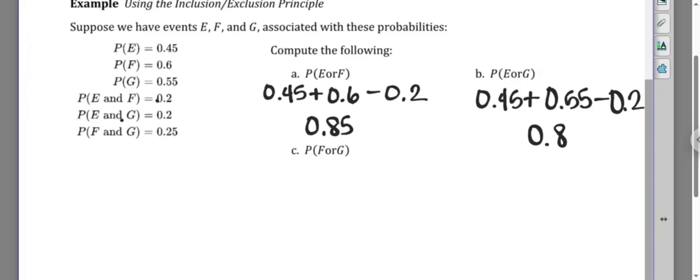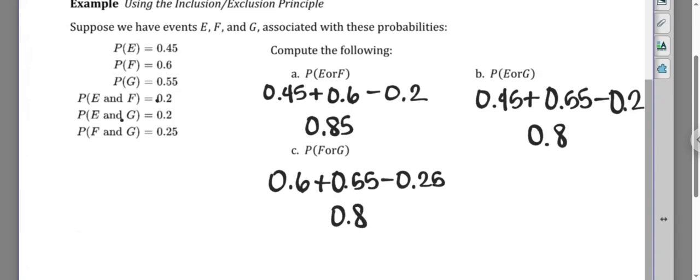So I have the probability of F or G minus where it's been included twice. And then we have 0.8 again. Or no, sorry, just kidding, 0.9.